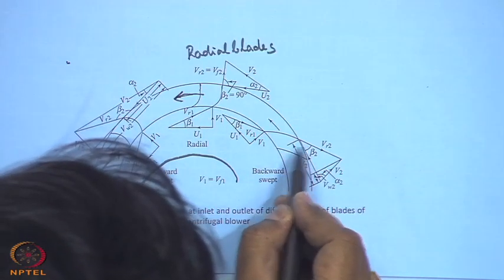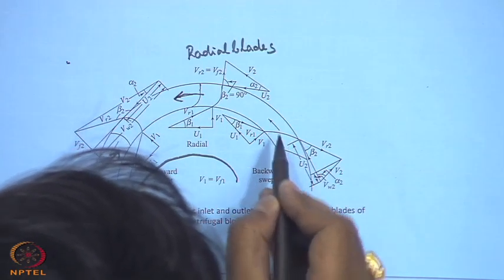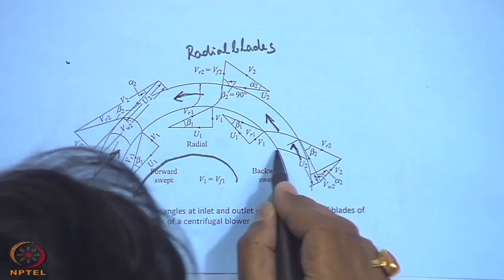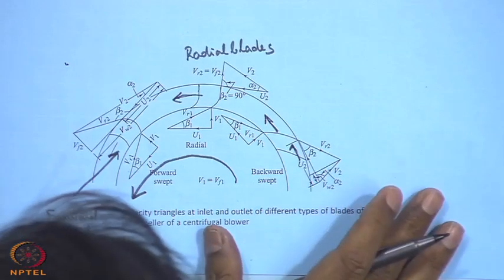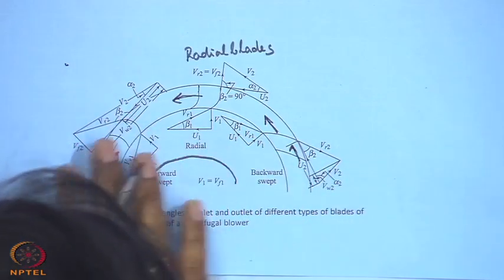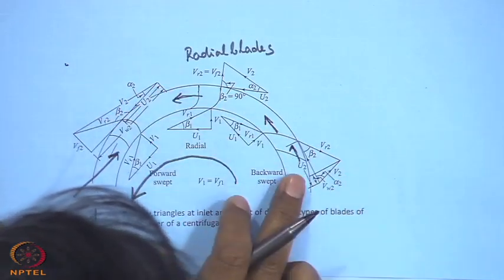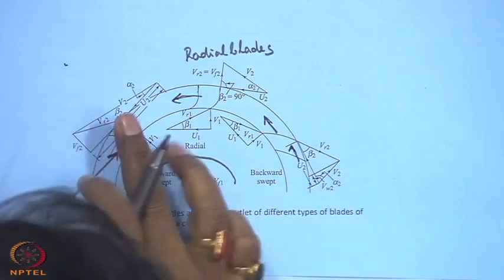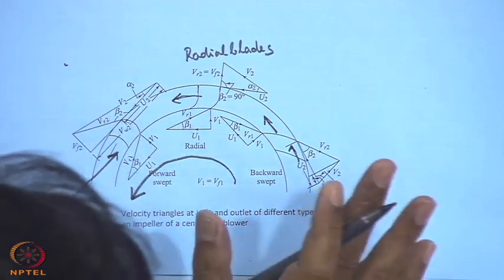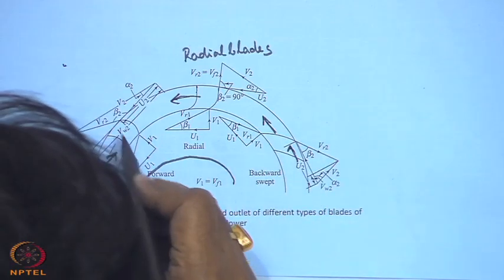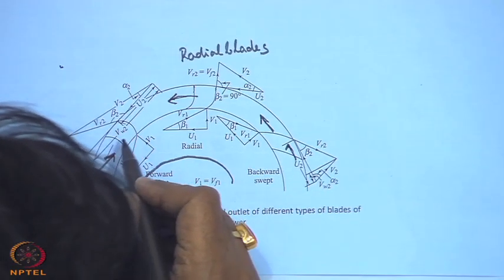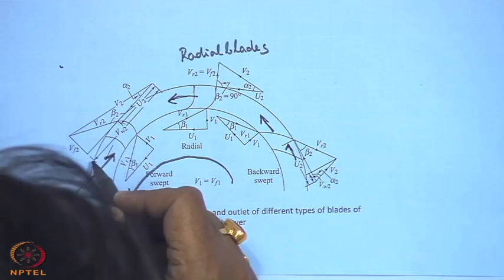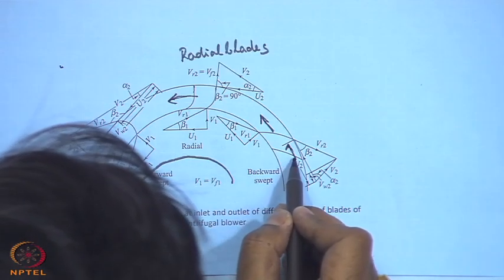Another is the backward swept blade, that means this is the direction of the motion and its curvature is in the opposite direction of the motion. So, velocity triangles will definitely change, that I will tell you, because the direction of velocity and the curvature of the blades are in opposite directions, or relative directions are changed. Now, before that I tell you, the forward swept blades are used where relatively large flow rates and higher pressure rise are required as compared to backward swept blades.